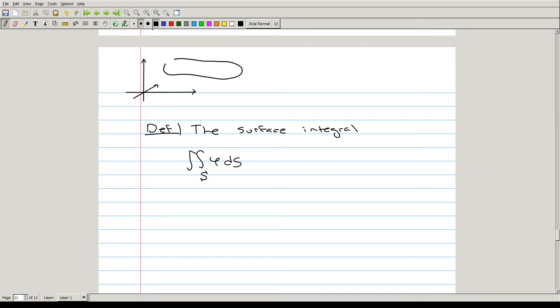So let's say we have some bounding curve C, and C is going to be a bounding curve of a given surface if it's connected to the surface as such. So we say that this is the bounding curve of the surface.